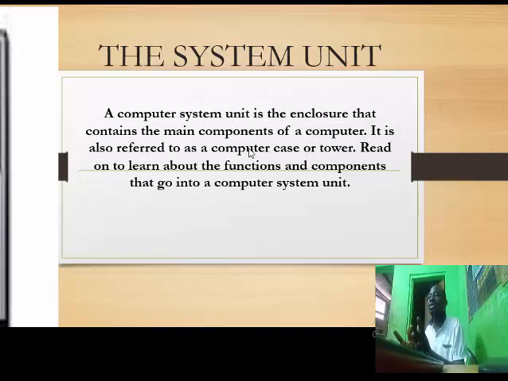So many names that different people call it, but the unique name, you can call it the case. Since it's a rectangular box, you can call it that. We have the other type, which is the tower too. So let's continue as we are going to learn about it. Before then, let's watch this video and know more about the system unit.